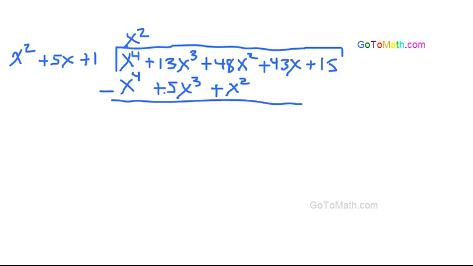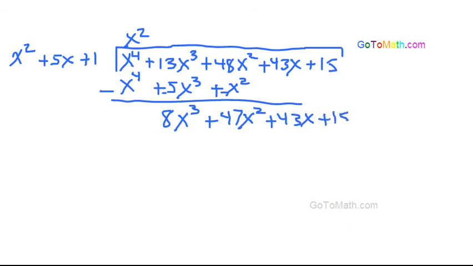Okay, minus, that'll make that a minus there. So that's going to be 0. We got 13 minus 5, is that 8x cubed? Okay. 48 minus 1, that's going to make that 47x squared. Let's go ahead and bring this other stuff down.